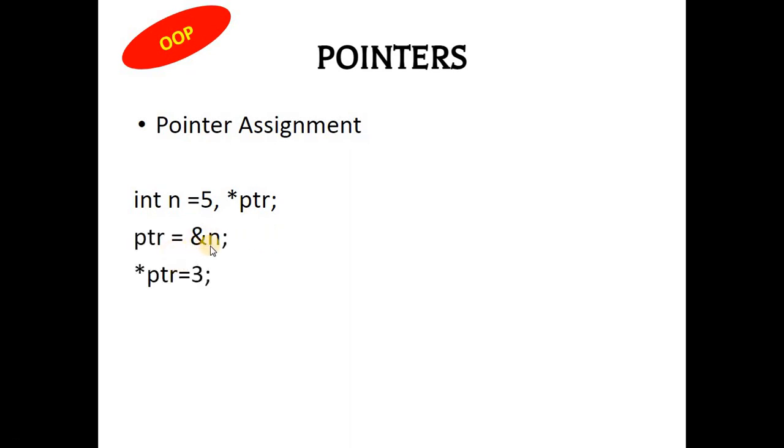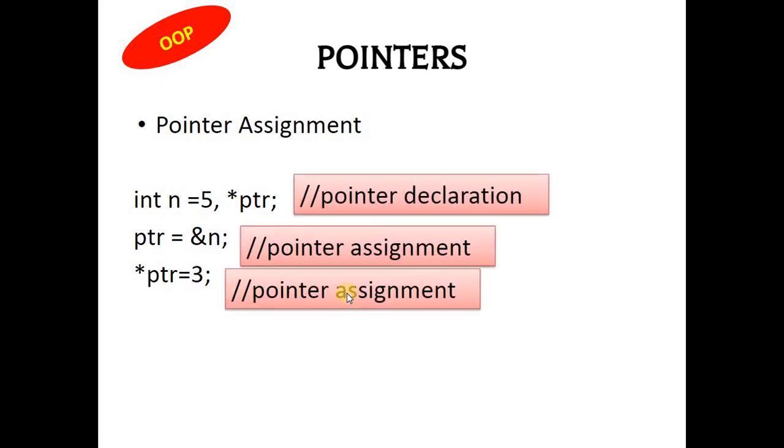That means we are storing the address of n into ptr, as ptr is a pointer which holds the address of a variable. And *ptr = 3 means I am assigning the value 3 where ptr is pointing. That means indirectly I am changing the value of n from 5 to 3. So the first is known as pointer declaration, and the last two are known as pointer assignment.